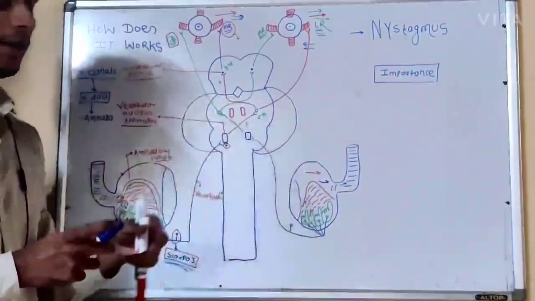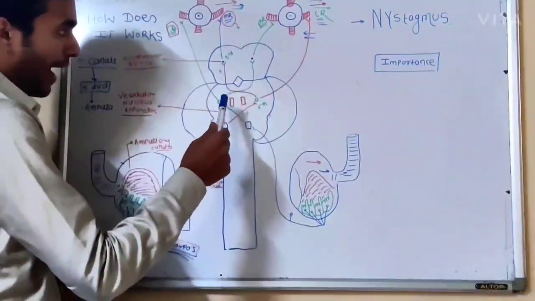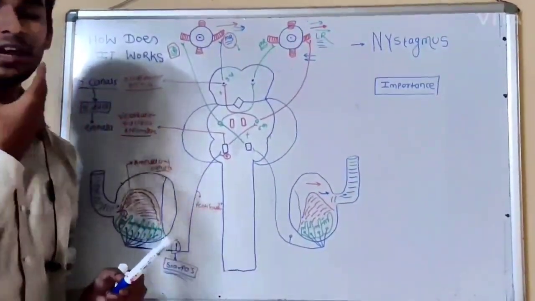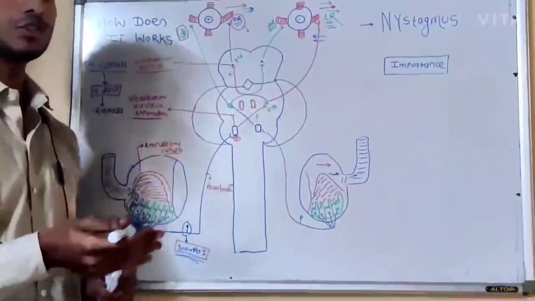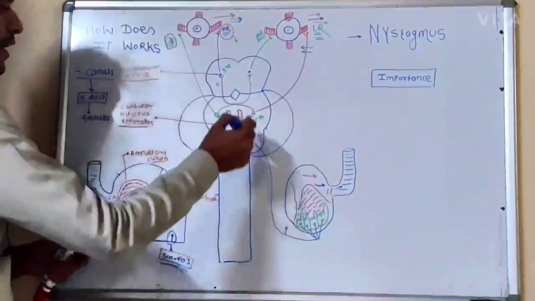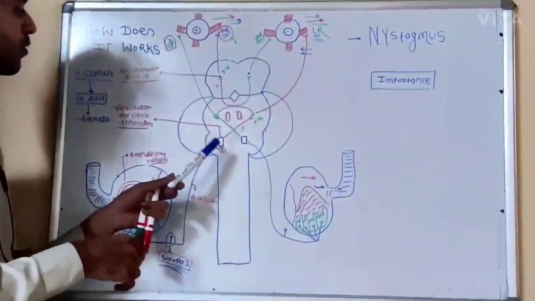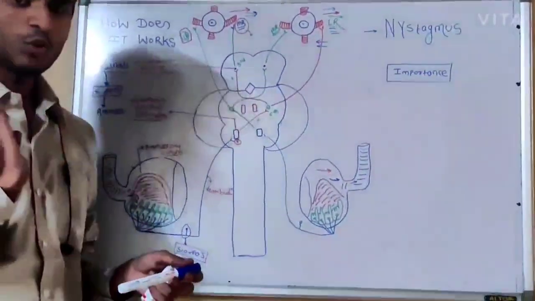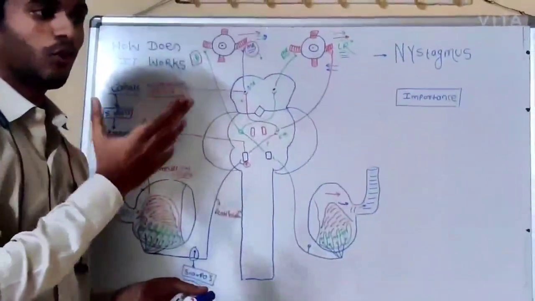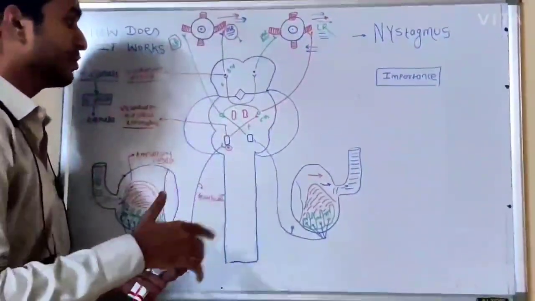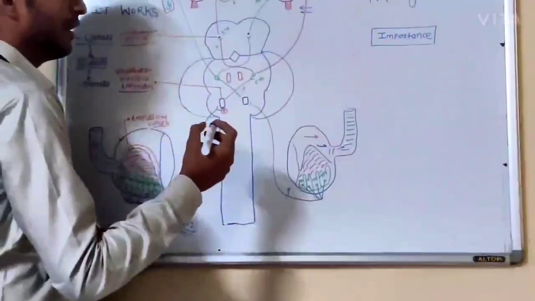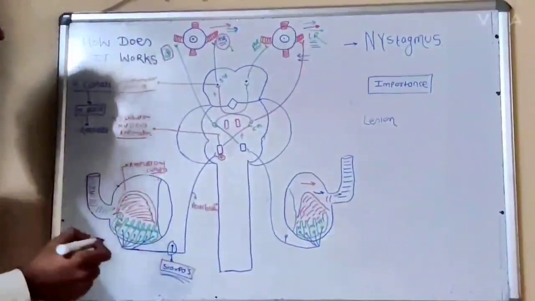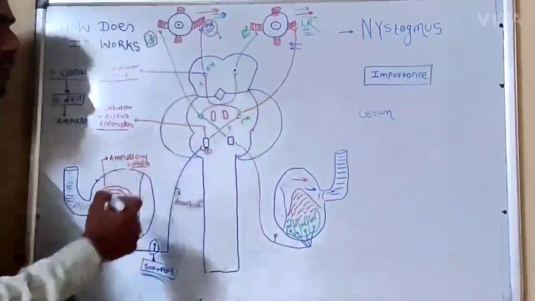Now let us correlate. When a patient comes to us, and we rotate the head and the eyes move in the opposite direction, it shows that the brain stem is intact, with no lesion there. But if we rotate the head of the person to one side and the eyes move on the same side, then there could be a lesion, or some disintegrity between the pons and the medulla.